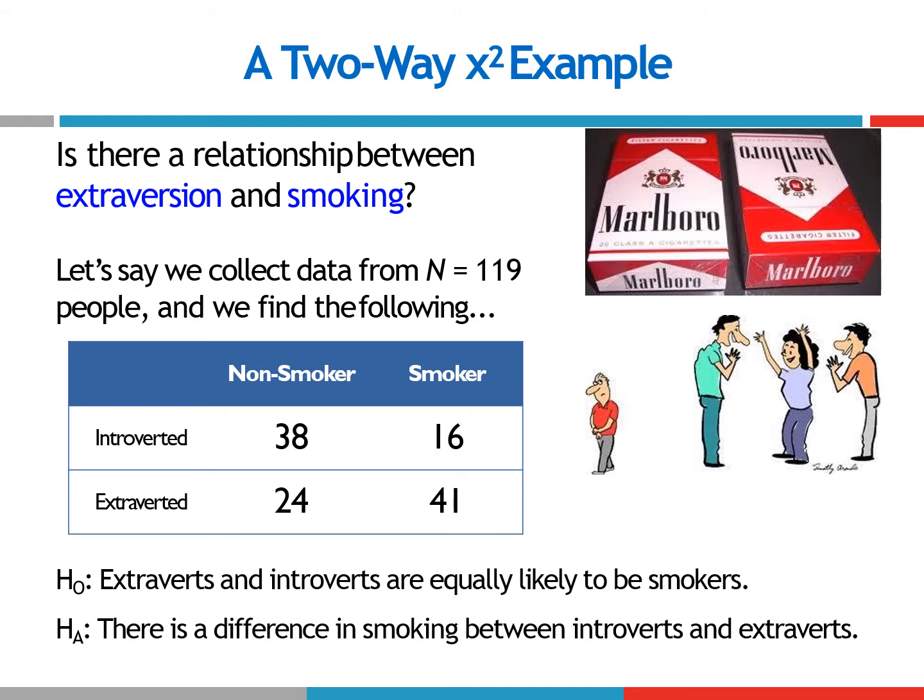Whereas our alternative hypothesis is going to say that there is a difference in smoking behavior between introverts and extroverts. Again, the null hypothesis says that they're equally likely to be smokers, and the alternative hypothesis suggests that smoking behavior is going to differ in some way between introverts and extroverts.